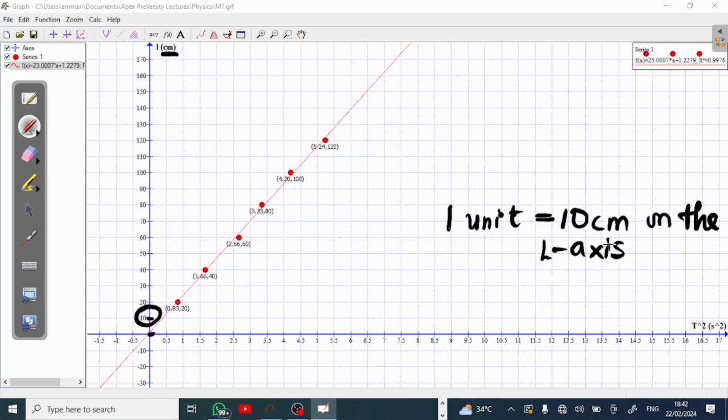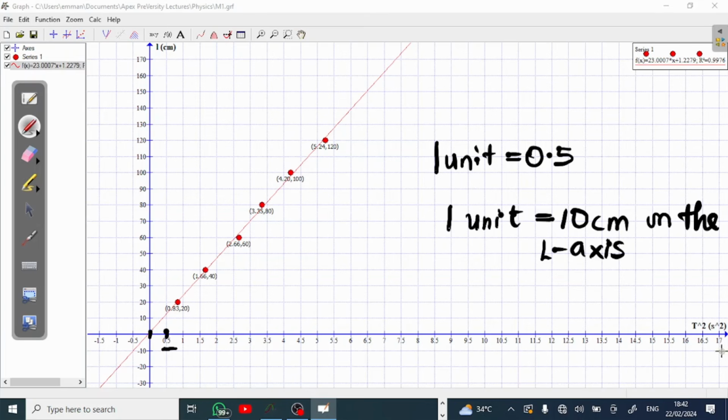Now come over to the T squared axis. My T squared axis is this one here. From this point to this point is also called a unit. So 1 unit, from here to here, is about 0.5. What's the unit of this?